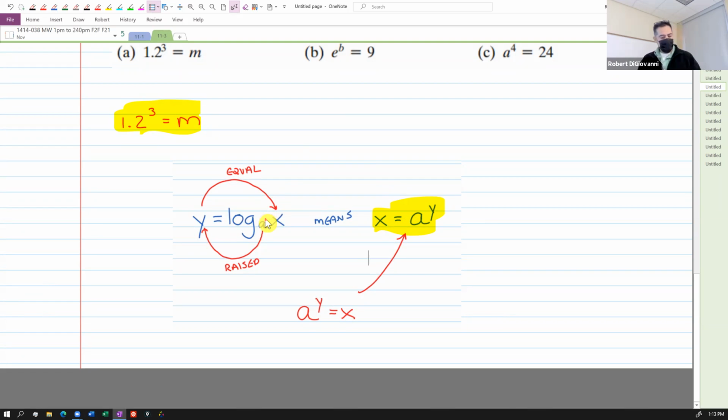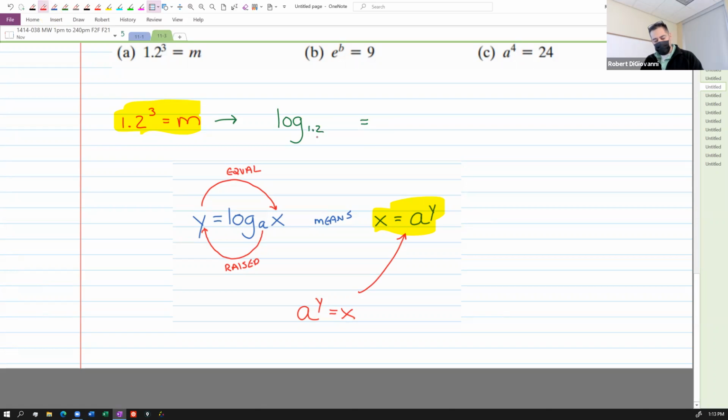So I'm going to write down, I always start by writing a log, okay? And then I need the base of the log, which is the number that's going to go down here. The base of the log is always the base of the exponent here. So that's 1.2. That goes here. And then I put an equal sign, and I think about the loop here.